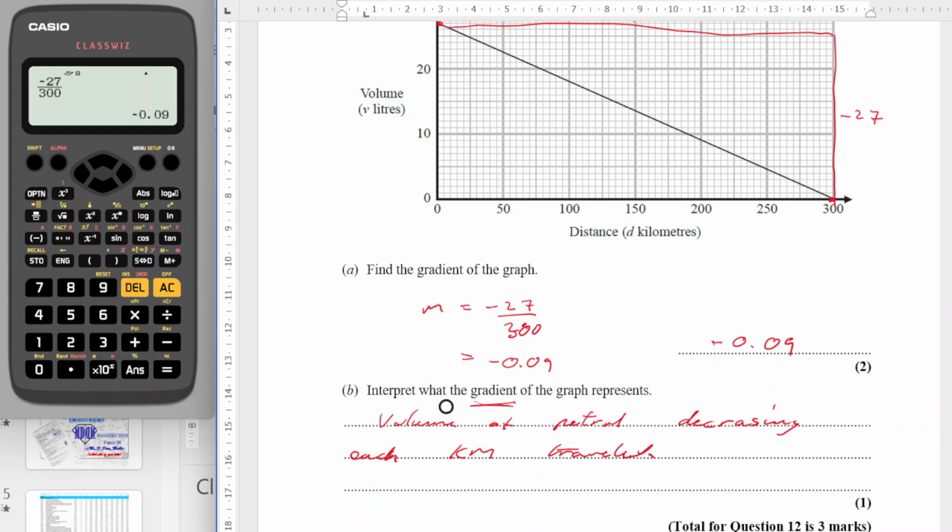So the gradient represents the volume of petrol decreasing each kilometre travelled. Yeah, that would be fine.